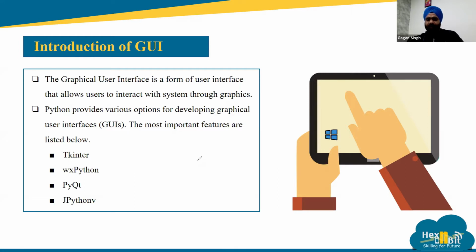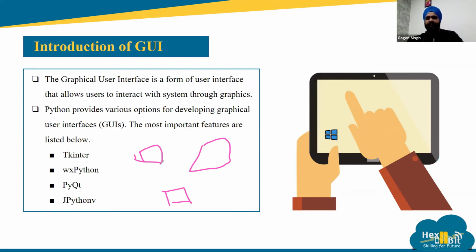But if the same thing is supposed to be done by a non-technical person, that's quite difficult, right? So GUI comes to our rescue at that point, where we just need some graphics. Those graphics could be buttons or icons. We just click on those icons and the operation gets performed because of the code written underneath it.